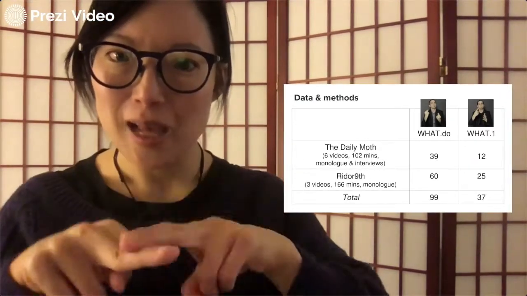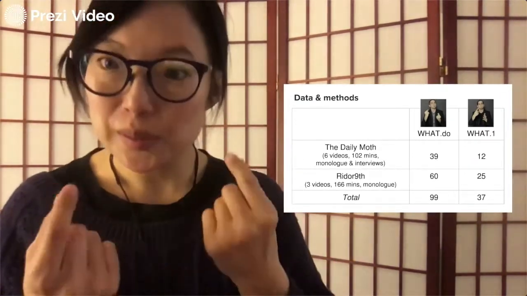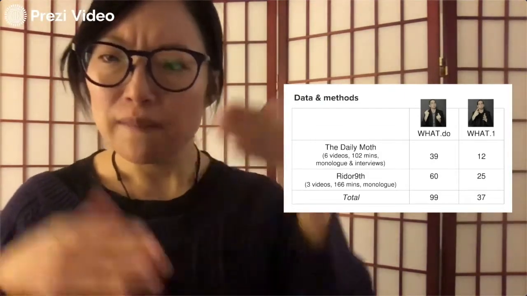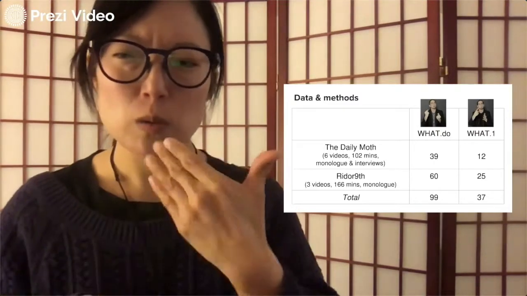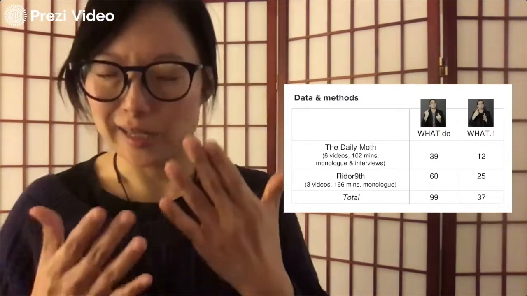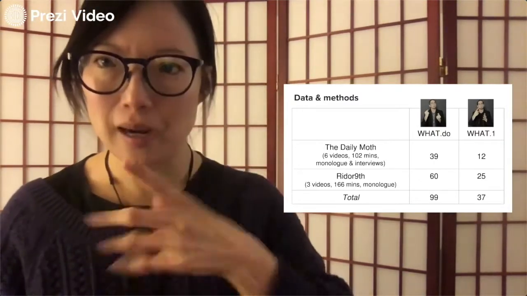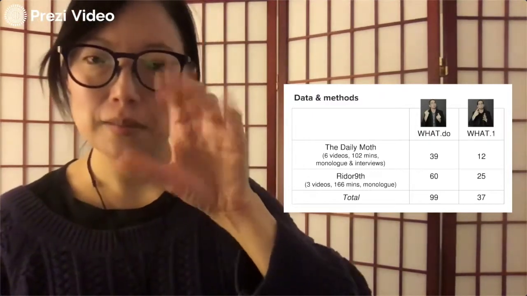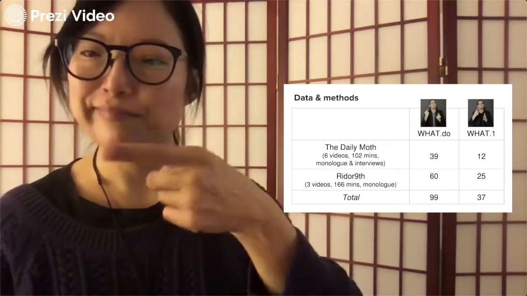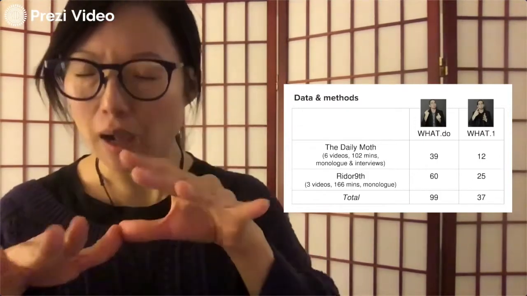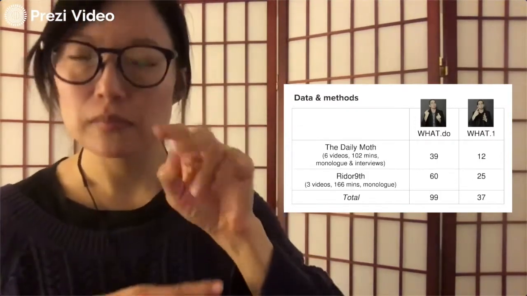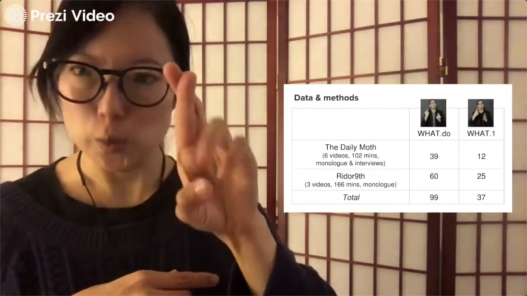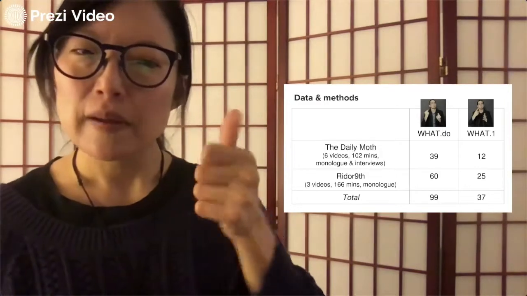Usage-based approaches require naturalistic data. So we used internet data, and we focused on two well-known signers, two deaf white men from deaf signing families. Alex Abenchuchan runs the Daily Moth, and the other is RT, Ricky Taylor, or as he's known by his alias, Ryder.